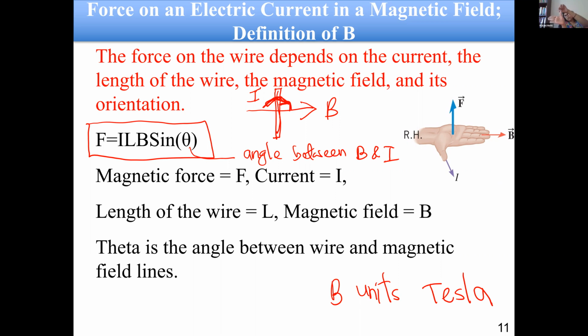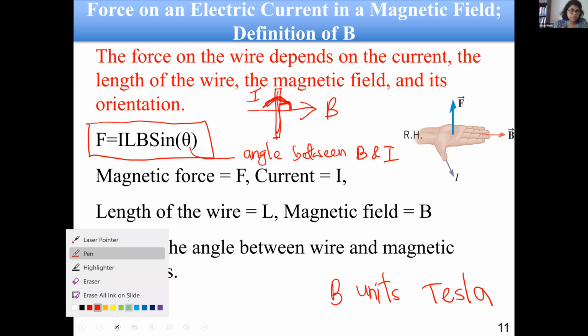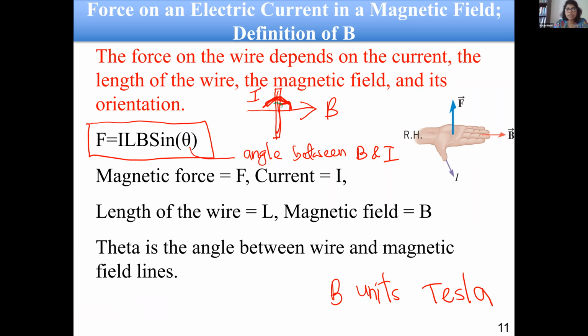Current, B, palm. This opening is your force. So according to this diagram, my force direction will be pointing inward. That is the direction of the force. You need to practice it a little more to get the direction. That's how we get the direction of the force, totally different from the magnetic field.